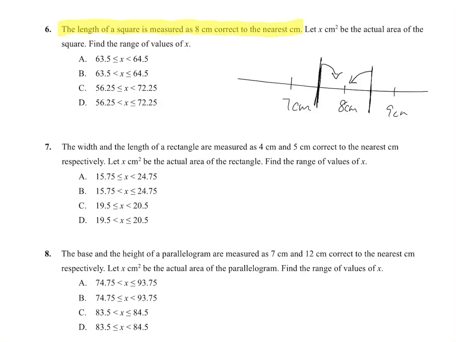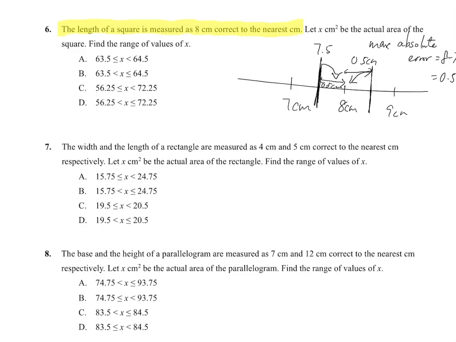So there is an error we create, because anything that's 7.5 we will actually read as 8 cm. So that's the maximum absolute error. The maximum absolute error will be 8 minus 7.5, which is 0.5 cm. And it's also 0.5 cm the other way as well. So it's both sides 0.5 cm.